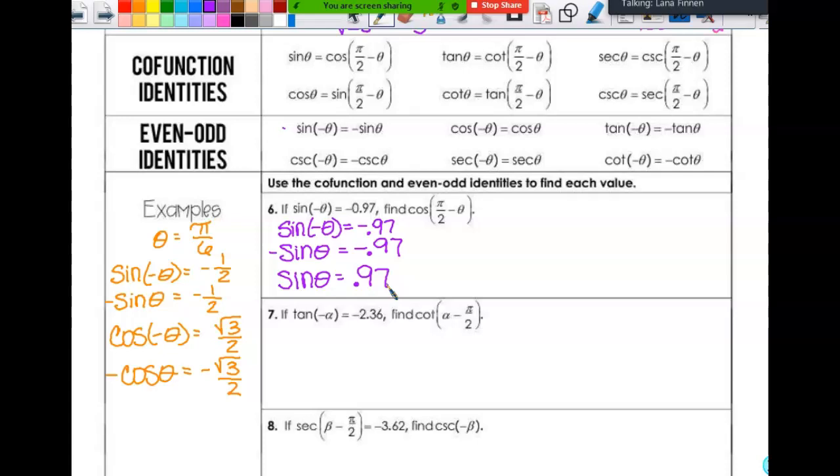Now that I have this, sine of theta is right here, and I can substitute that in where sine is, so that gives me cosine of pi halves minus theta equals 0.97. And this looks identical to this. That's what I'm looking for. I'm done.